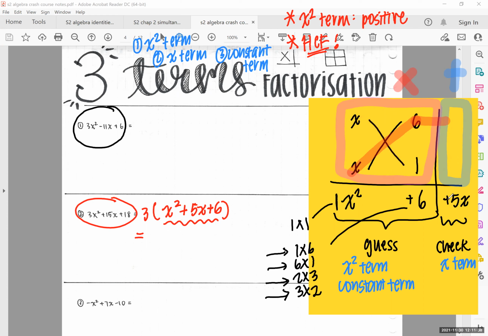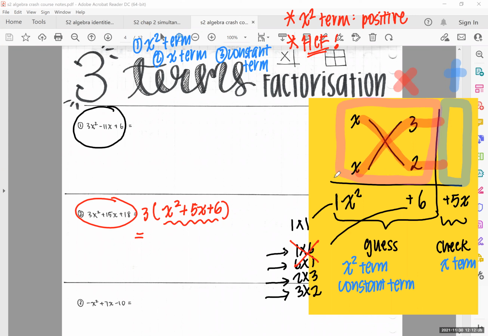If I have here a very, very positive answer, this 2 is out for sure. So 2 times 3 and 3 times 2. So what I'm going to do is, this 2 is out already. I'm going to put the number here. I'm going to try out 3 and 2. Okay? So same thing. Cross to give me here. So let's look at this.